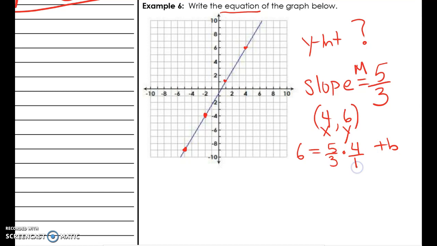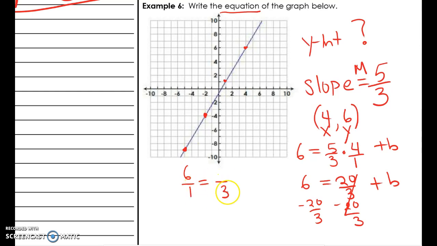Put my whole number over 1. 6 equals 20/3 plus b. 20 is not divisible by 3. Subtract 20/3 from both sides. To subtract a fraction, I need a common denominator. 6/1 is equal to how many over 3? 1 times 3.